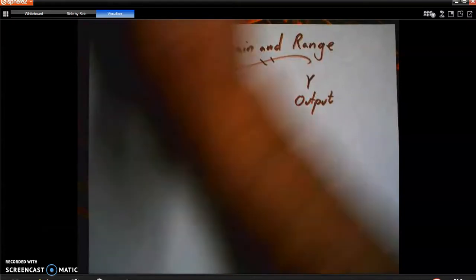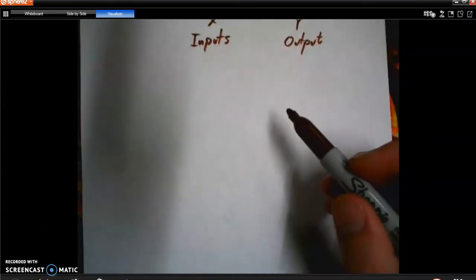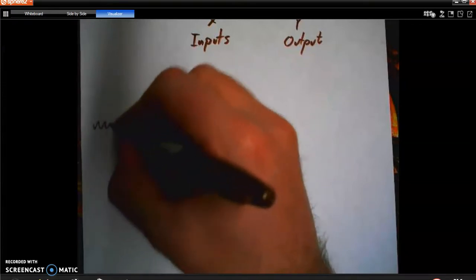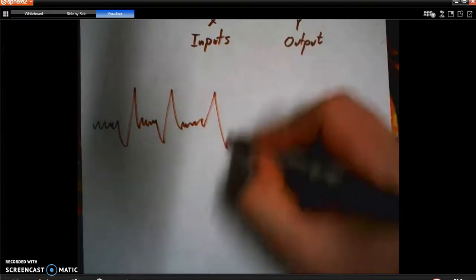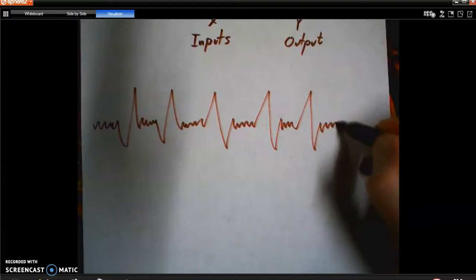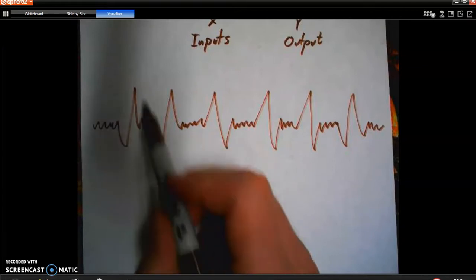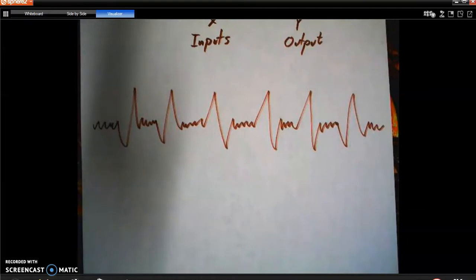So, for example, a good example of a function is a heart monitor, right? Where it goes boop, boop, boop, boop. And we get this heart monitor kind of style going on. Okay? Now, you teach the technology to monitor heart rates and put them on a graph that you can visually see just like this.